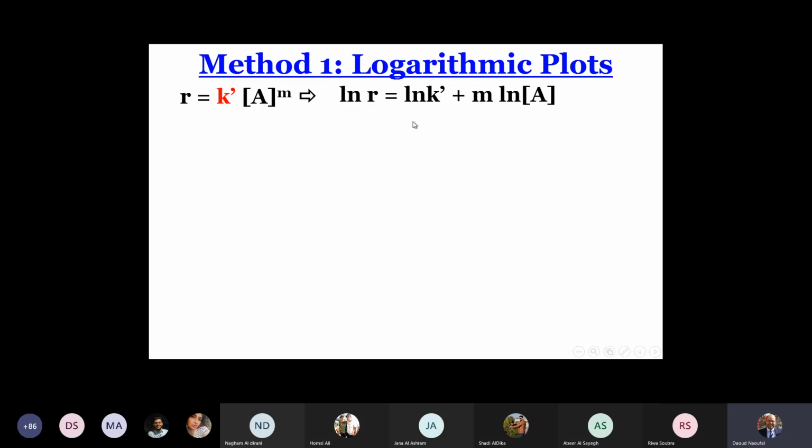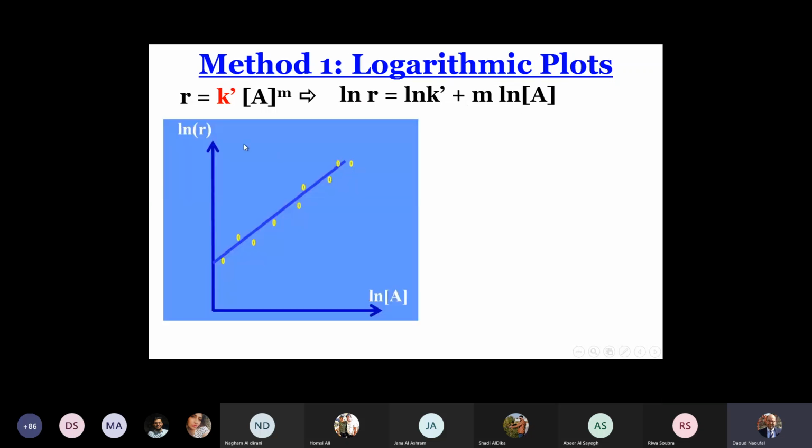This is the equation of a straight line. So we draw ln r as a function of ln [A]. We should obtain a straight line. The slope of the line is equal to m. And by this experimental method, we find the partial order m.